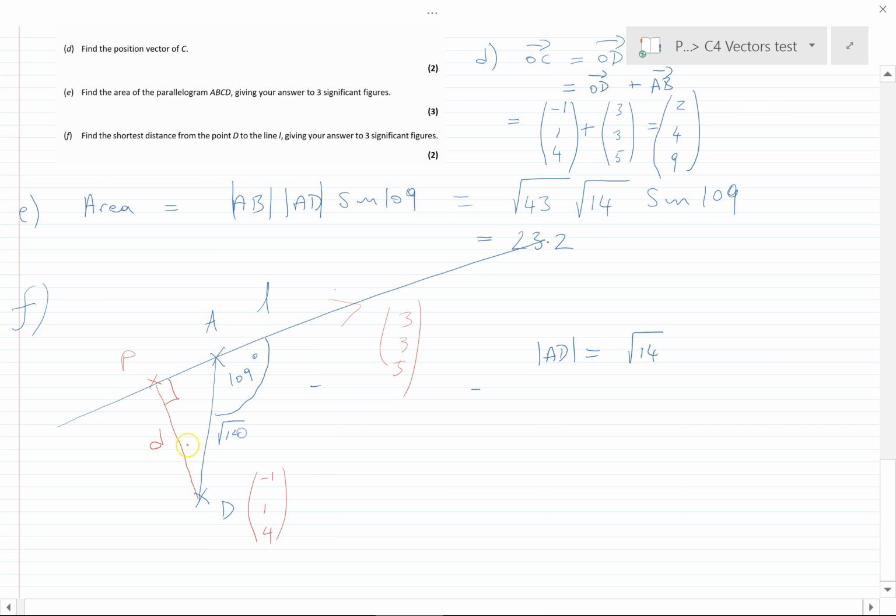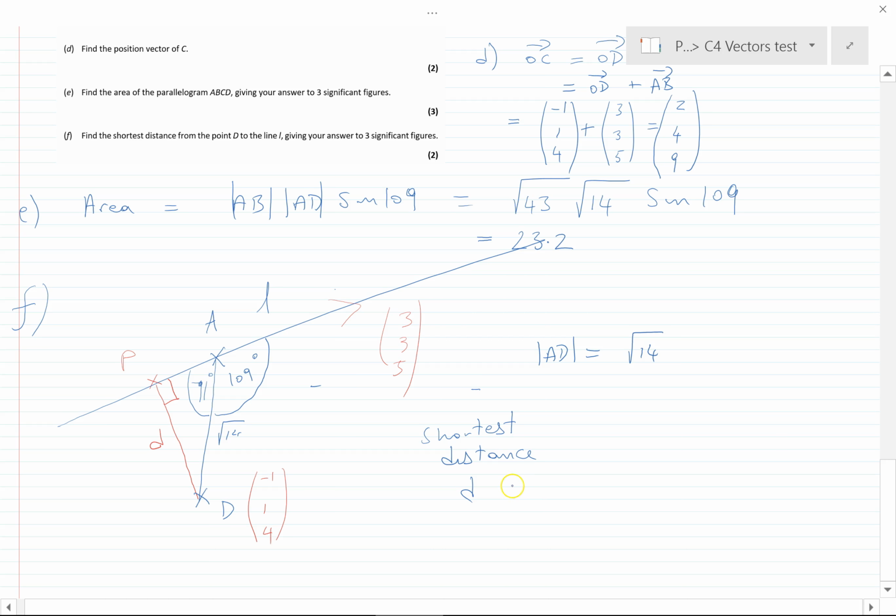So we just need to do a bit to work out the shortest distance. Let's call that angle here, that's 180 minus 109, which is 71 degrees. Not exactly 71, but I've got that number stored on the calculator, so that's fine.